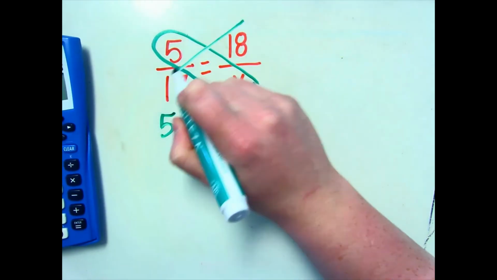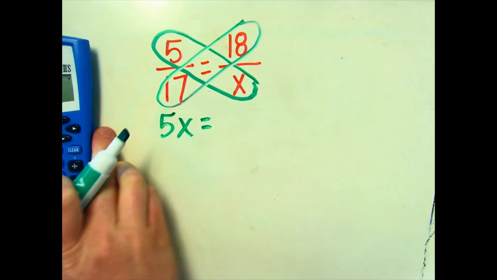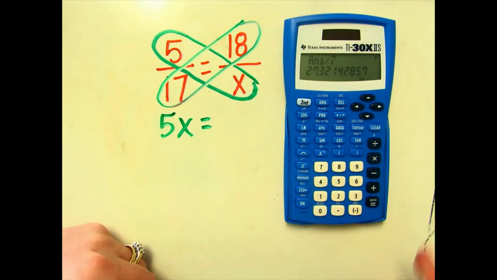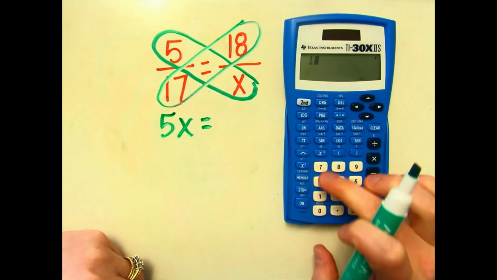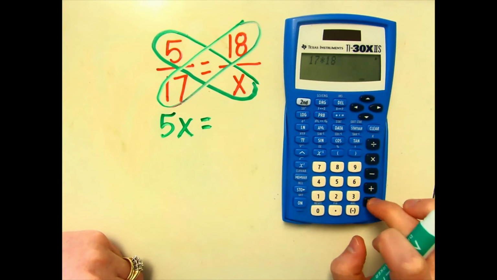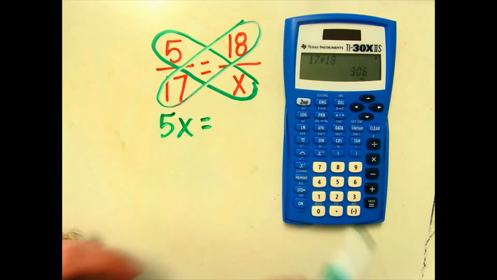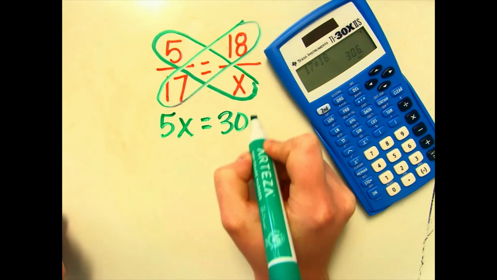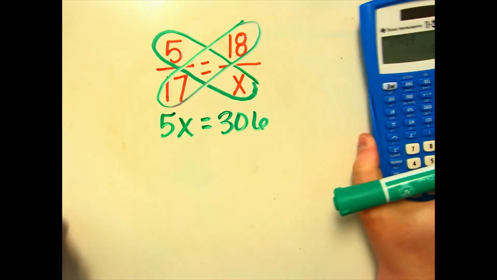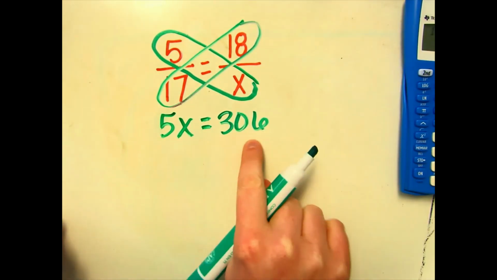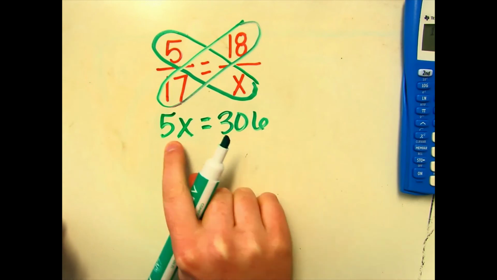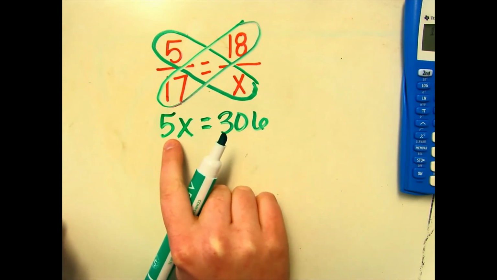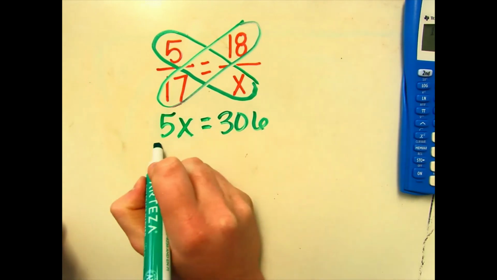Then I'm going to multiply 17 times 18. I'll set my calculator over here so you can see. 17 times 18 gives us 306. Now that's not your answer. x is not 306. 5 x's is worth 306. So to get rid of multiplication by 5, I would have to divide by 5.